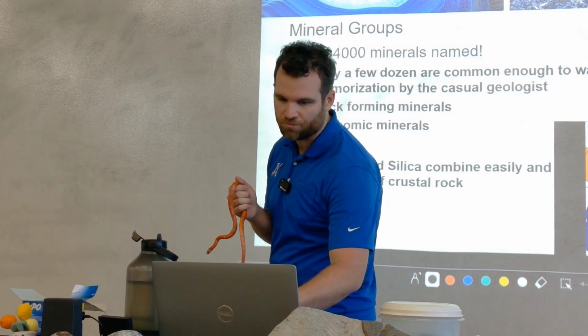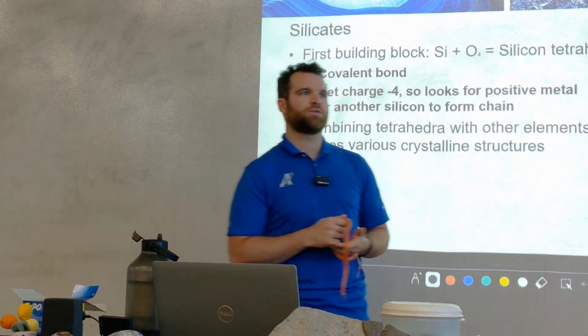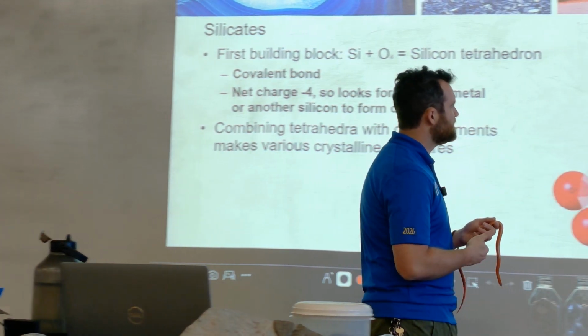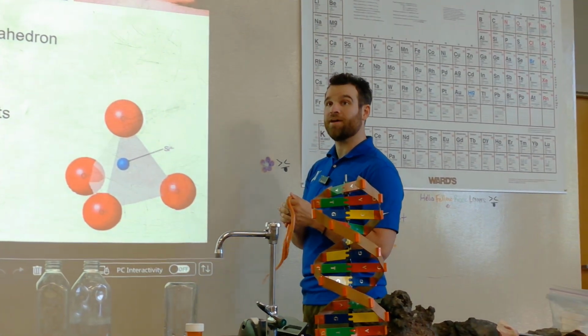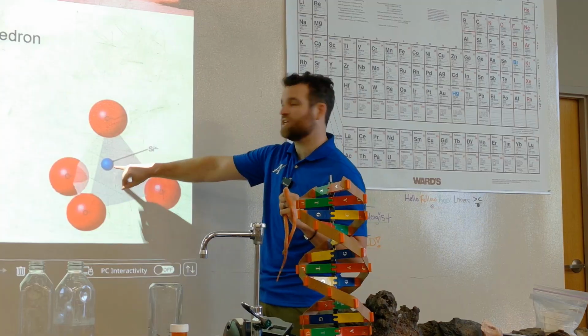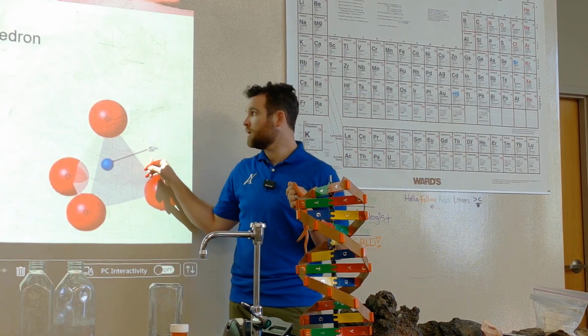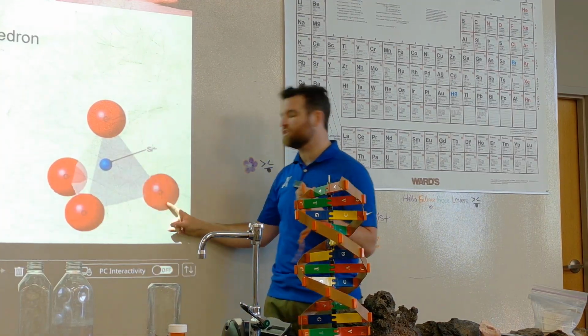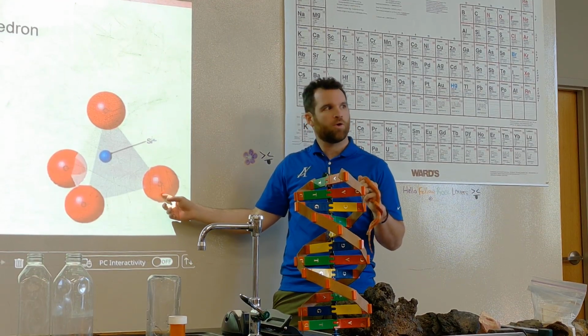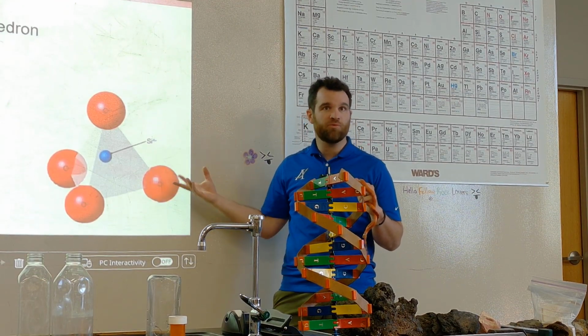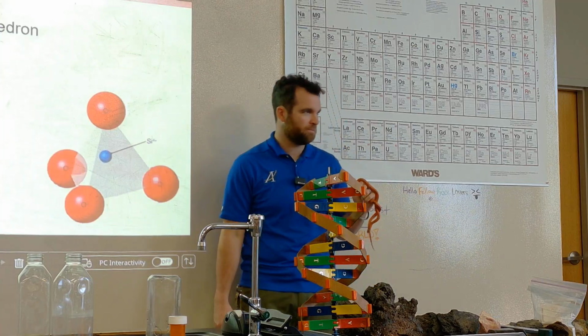All right, so silicates are built around a silicon tetrahedron, which looks like this. Okay? It is a covalent bond between a single silicon, which has a +4 charge, and 4 oxygens, each of which have a -2 charge. So what that means is we have 4 oxygens, only 2 of which can ever be happy at a given time.